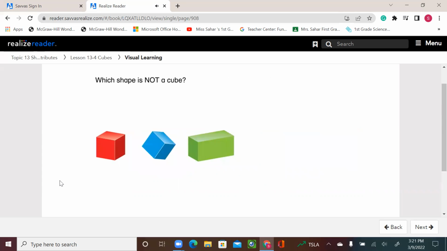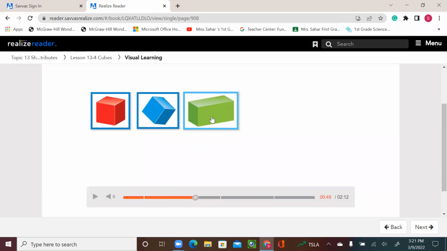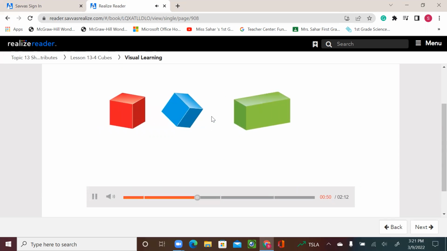Which shape is not a cube? Select your answer. These are cubes. These are not cubes.